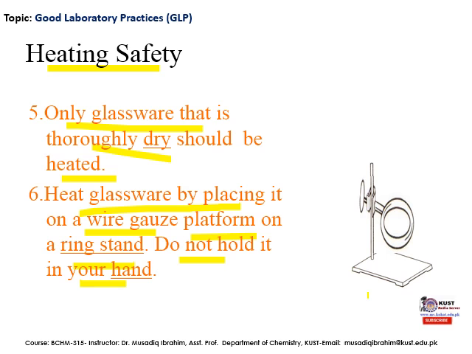So this is the ring stand, and here you can have a wire gauze, and then you can have a burner here, and then you can put your glassware on top of the wire gauze on the ring stand, and never ever hold the glassware in your hand.